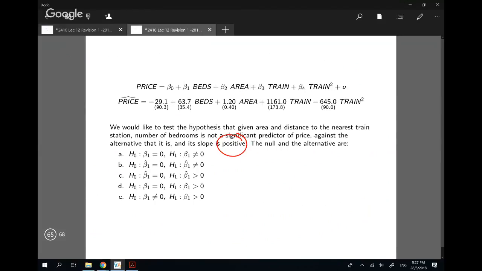So there's a direction, so it should be there. Yes. Okay. Why is C wrong? Because there's a hat. When you test a hypothesis, you refer to the population parameter, not the sample coefficient. Okay. All right. So it should be D.